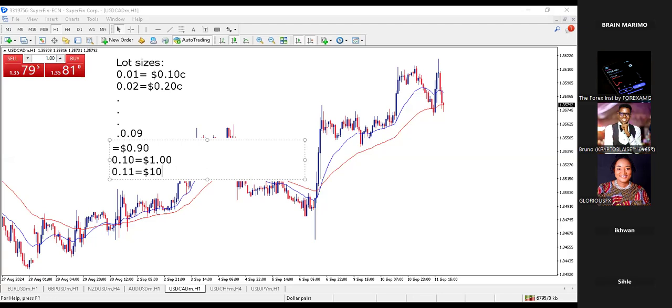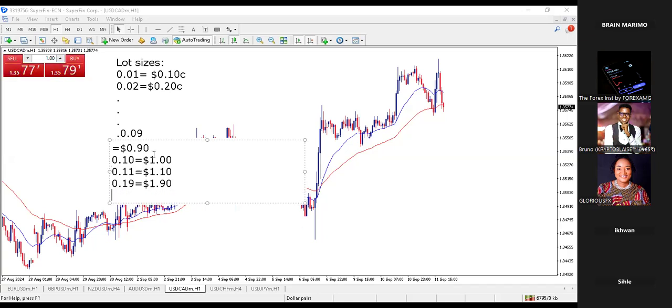I did say we are going to do the basics of the basics, to make sure that we are all on the same page. 0.19 is $1.90, 90 cents more, right?